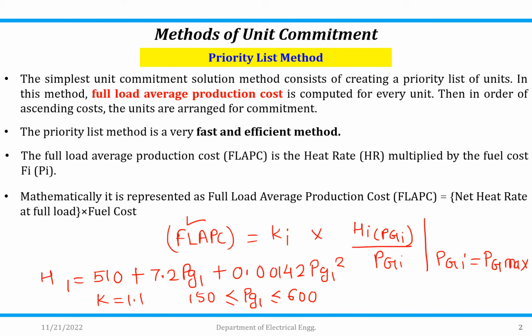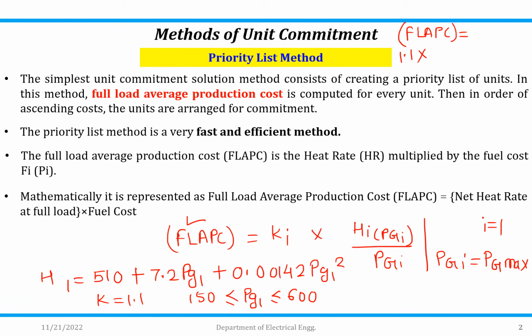Now I'll write how to find out FLAPC. First is Ki, which is nothing but the cost, 1.1, into Hi(PGi). Taking i equal to 1, it will be H1(Pg1), and Pg1 will be equal to Pg max.